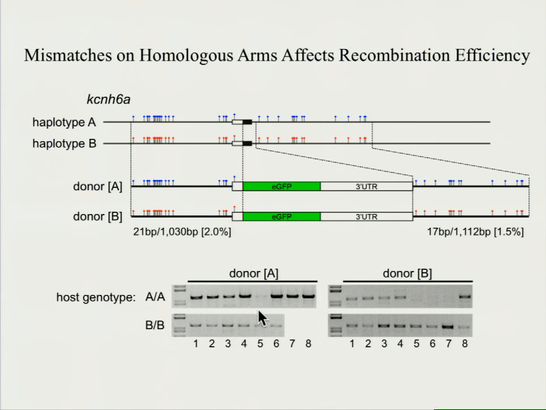Similarly, with donor B, the recombination efficiency was reduced in the mismatched genotype AA embryos. So these results suggest the identity between the host and the donor sequence affects the recombination efficiency, and also suggest that to achieve efficient recombination, you should prepare homologous donor arms that are highly homologous to your host target genome.